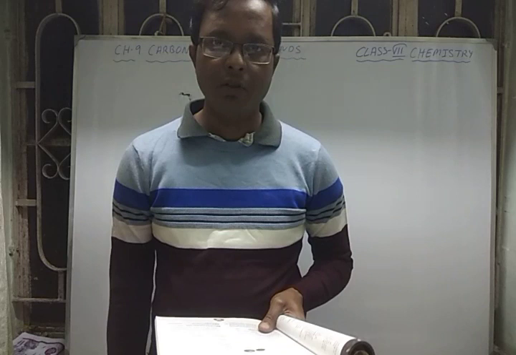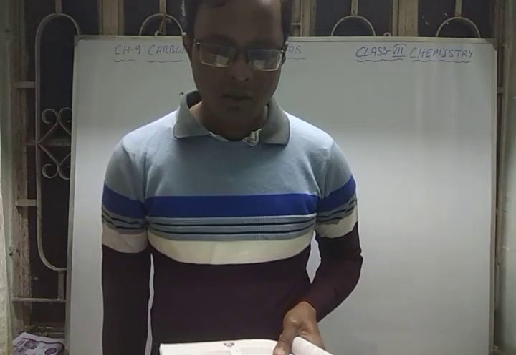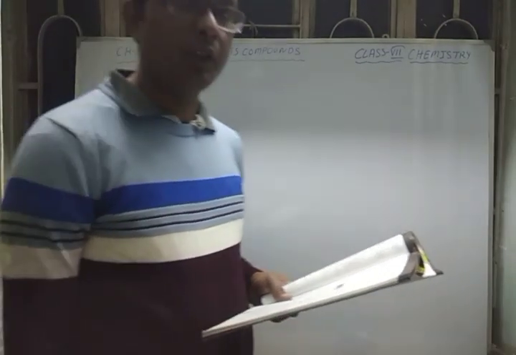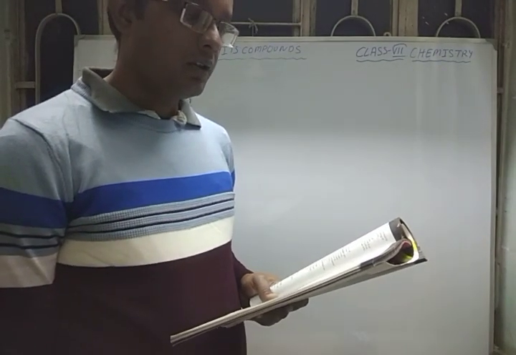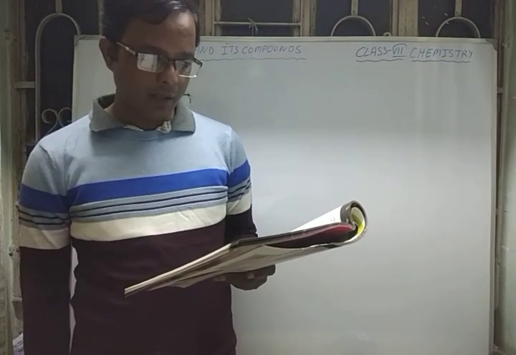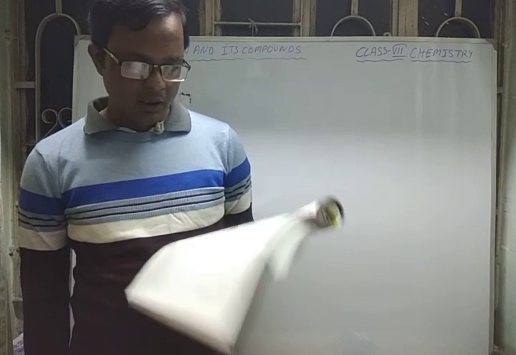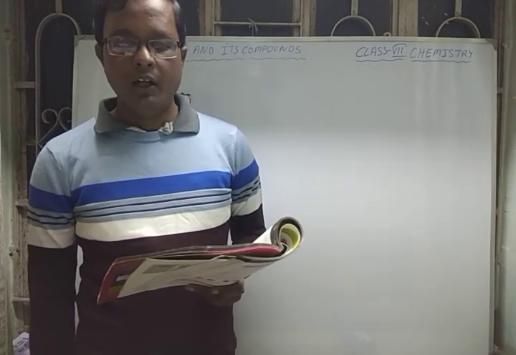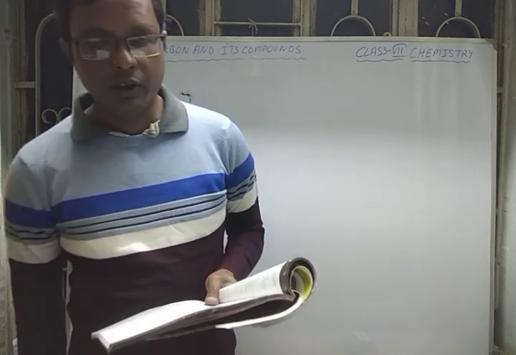So today we will see how to frame a chemical formula. First of all, we will see ferric carbonate, that is iron 3 carbonate. It is a polyatomic compound, where iron is there and obviously carbonate is there.